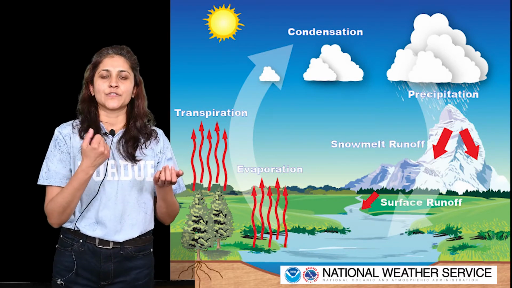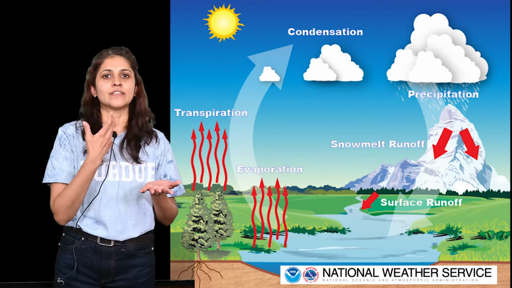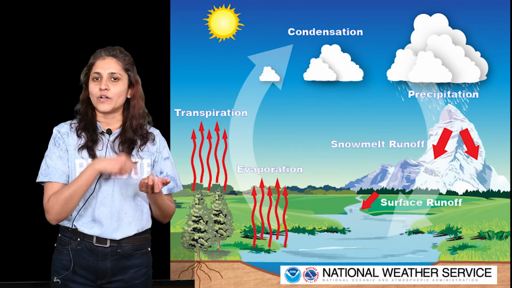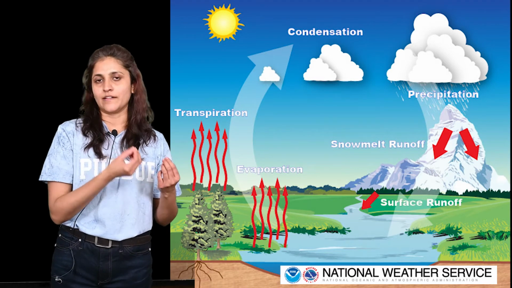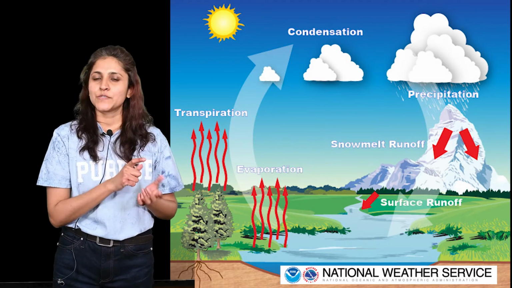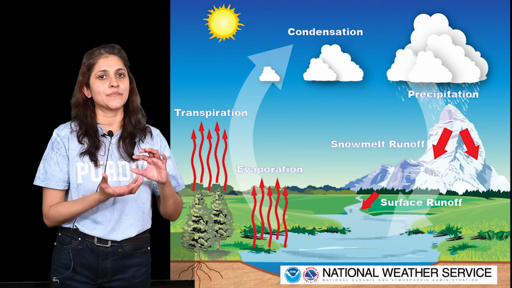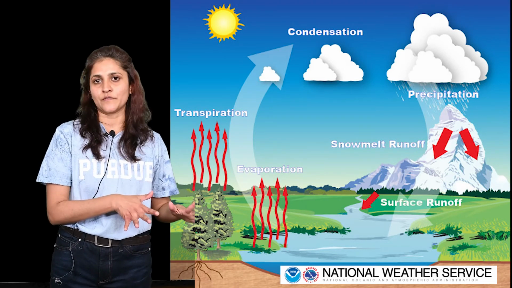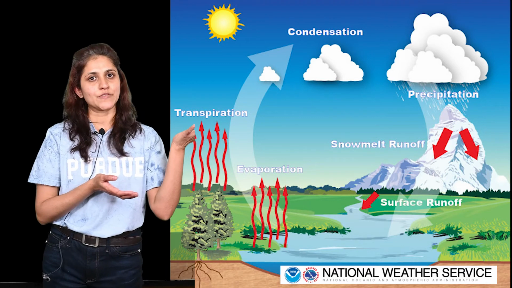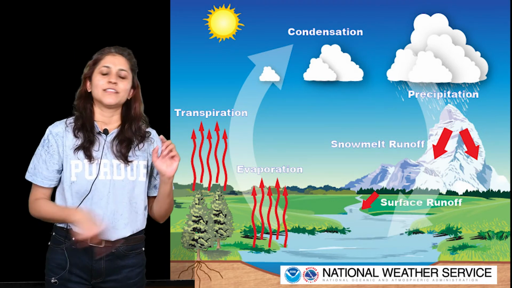The solar radiation, the heat, also helps in the plant's release of water, and this we call transpiration. Both evaporation and transpiration help the water on the surface of the earth to go back into the atmosphere, completing the water cycle.